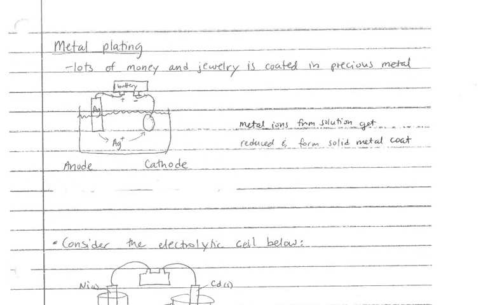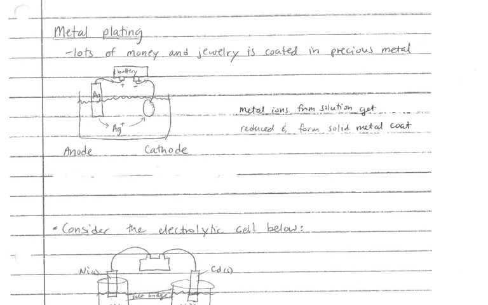Alrighty, another thing that we can use electrolysis for, besides making pure gases from water and making rocket fuel, is metal plating. So a lot of jewelry, you take a cheap metal and then you just plate it. You could have earrings that are only sterling silver or gold on the outside, but most of the mass of the jewelry is actually something like nickel or zinc or something cheap.